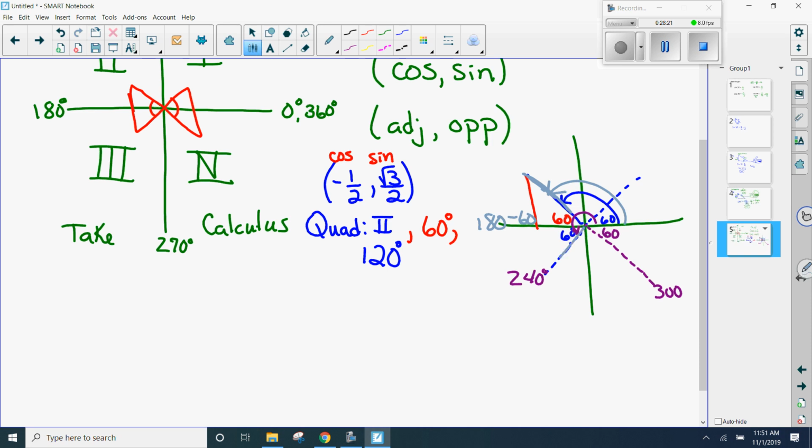To get to this one right here, that's going to be 180 plus 60. To get to here, of course, that's just 0 plus 60. And to get to this one right here, it's going to be 360 minus your reference angle, which is 60 degrees.